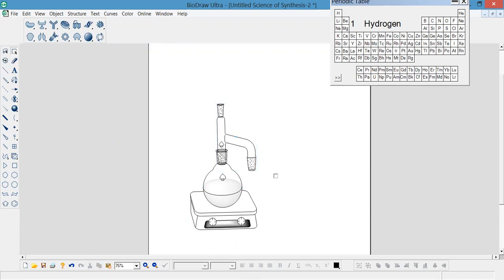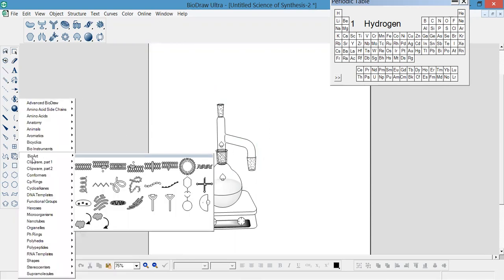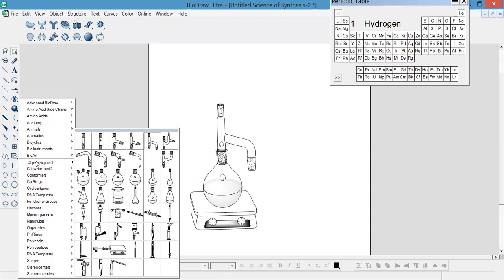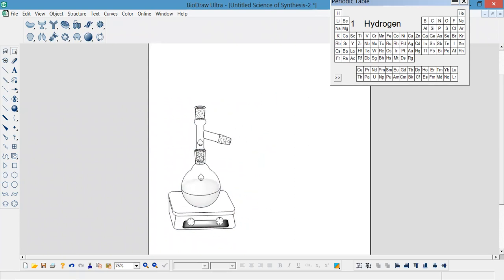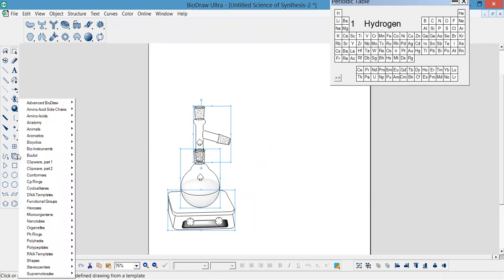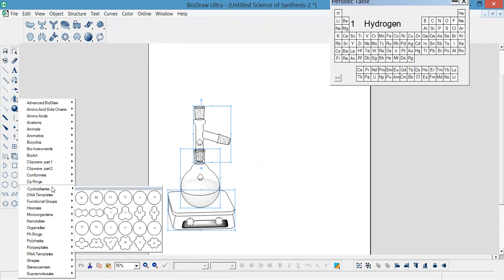And then draw another one, putting it here.